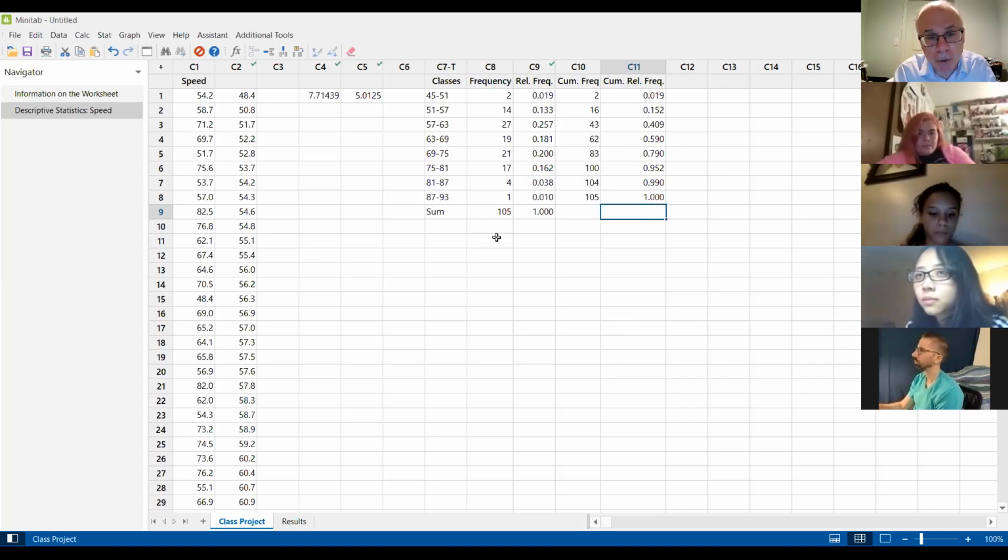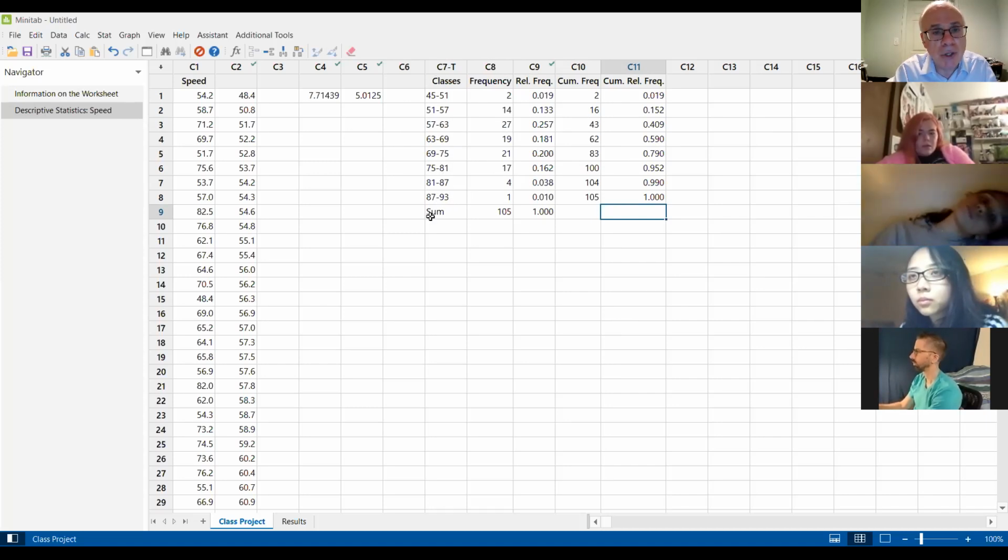If I had a relative frequency distribution chart, I'd have C7 and C9. The C7 and C8 is our frequency distribution chart. C7 and C9 is our relative frequency distribution chart. Does that make sense?